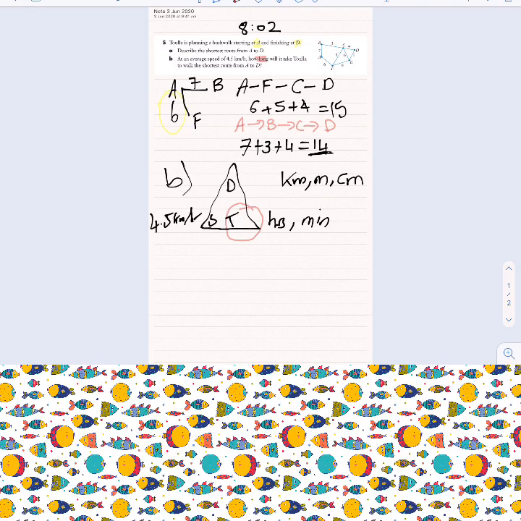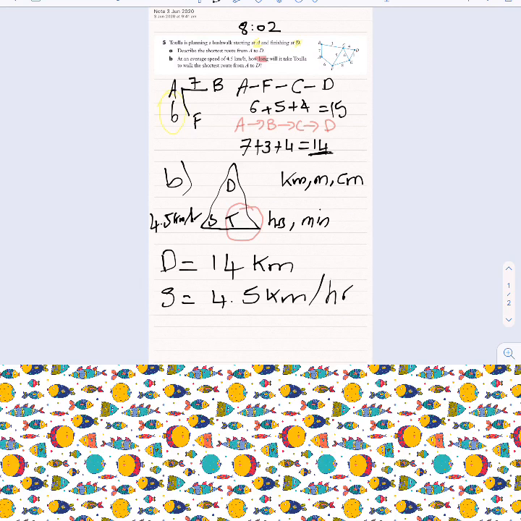Okay, so I've got distance from the previous question, which is my 15, or rather 14 kilometers. I've got my speed, which is 4.5 kilometers per hour. Let's stick to that.